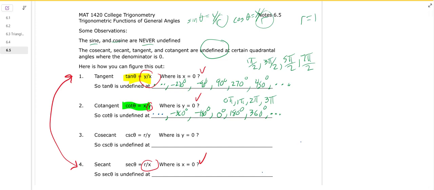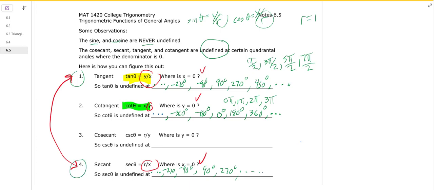The secant would be undefined in the same places as the tangent, so that would be 90 degrees, 270 degrees, and so forth. And of course, your negative angles follow exactly the same pattern. So you've already figured that out. Tangent and secant go together.